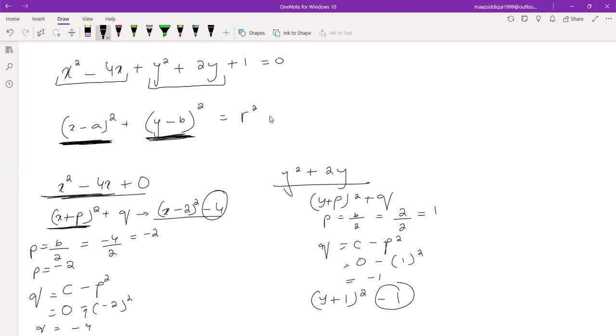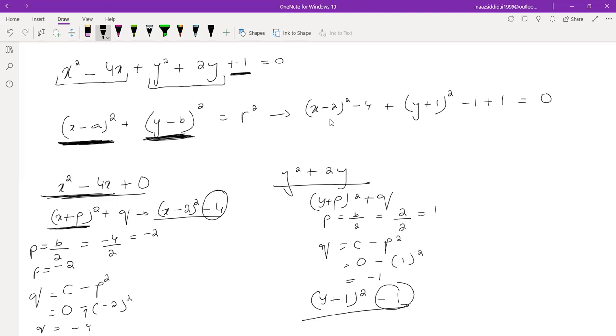So x minus 2 whole square minus 4 for this part. Then you have a plus sign, and for this part, write y plus 1 whole square minus 1. And we already have 1 over there as well, so plus 1 is equals to 0.